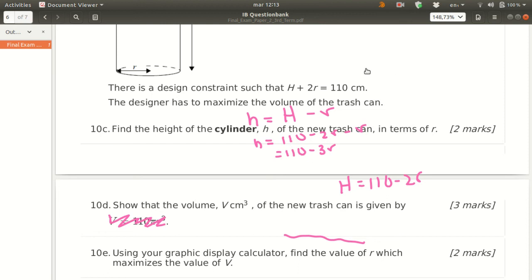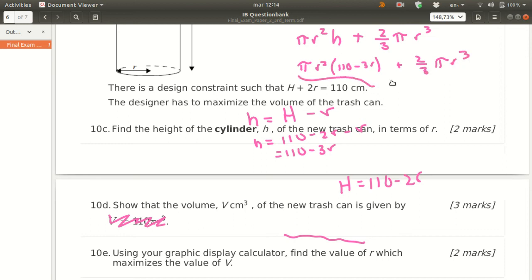So the volume again is pi r squared h plus 2/3 pi r cubed, and the height rather, is 110 minus 3r. So this would be pi r squared, and I'm going to replace the height 110 minus 3r plus 2/3 pi r cubed.